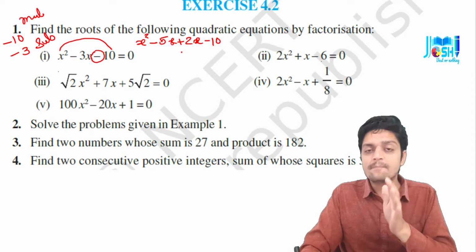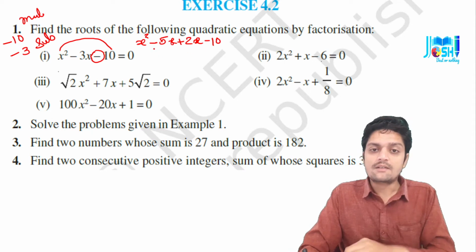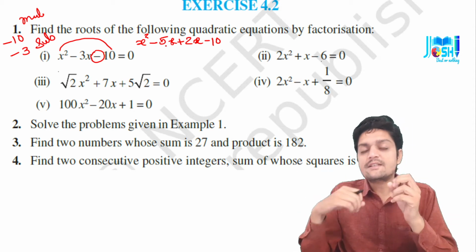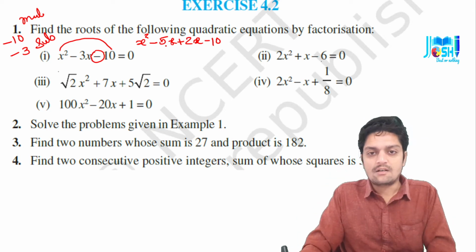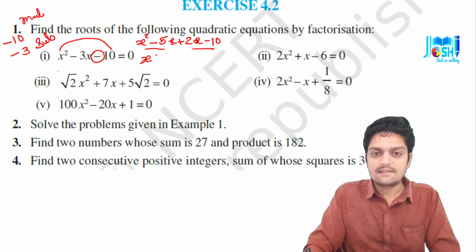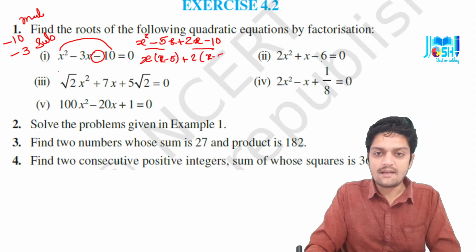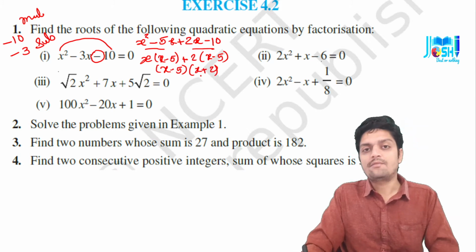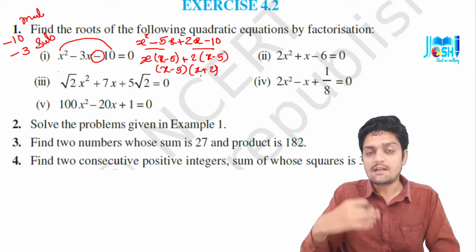You cannot change the sign, you just split the middle term. That is why it is called the splitting method. Now make the pairs. x is common: x minus 5 plus 2, again x minus 5. The common x minus 5 you write just once, not twice, and x plus 2. So these are the factors of the given quadratic equation.